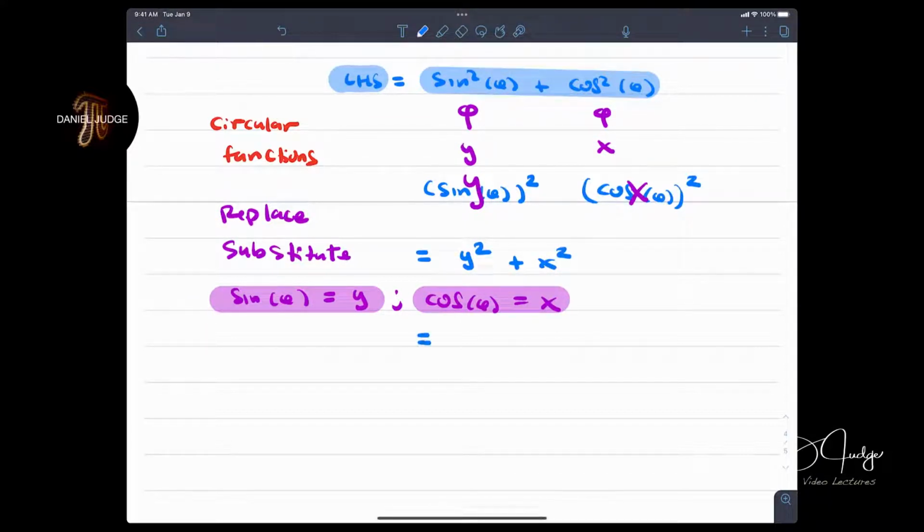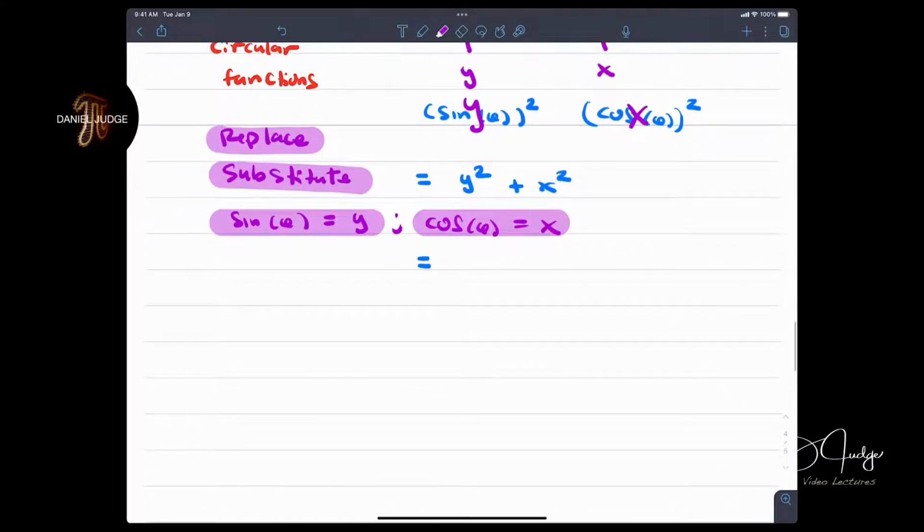Because in proofs, yes, we need to replace, we need to substitute, we're allowed to do those things. So we get y squared plus x squared. Now, the order in which I add does not matter. So I can say this is x squared plus y squared. I can switch my order.